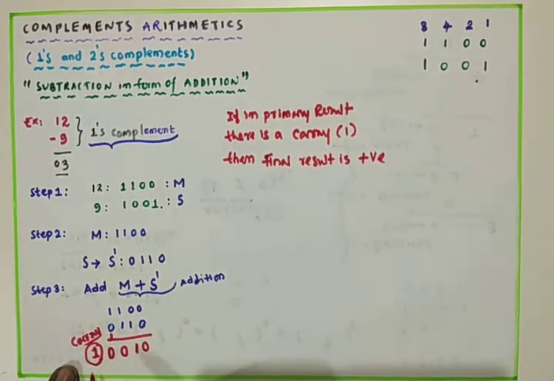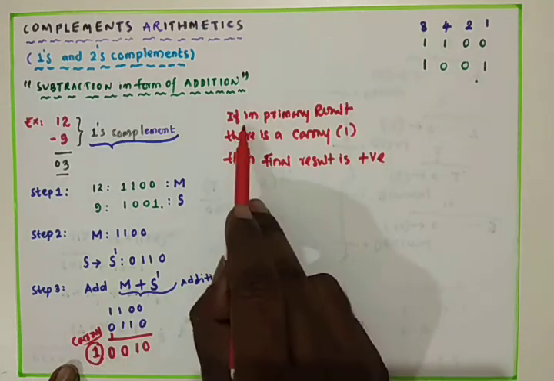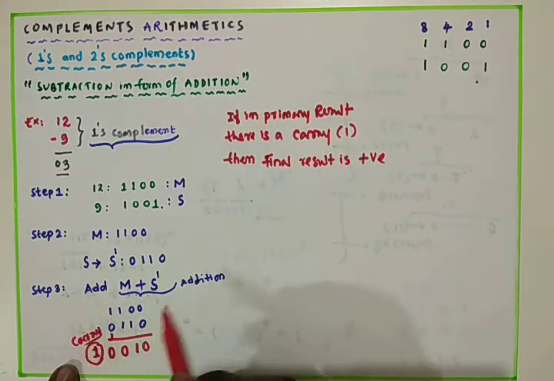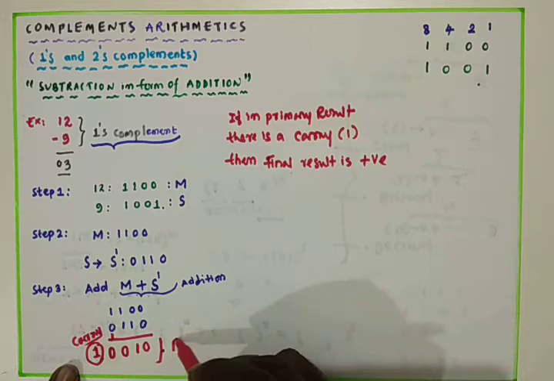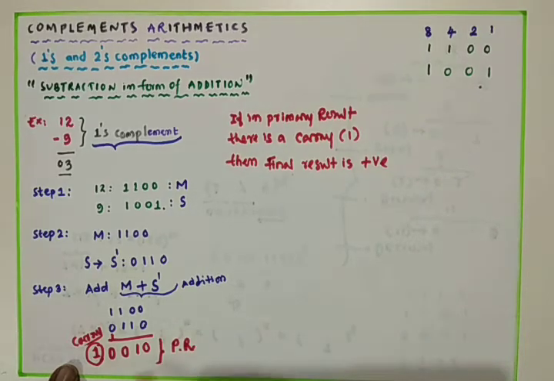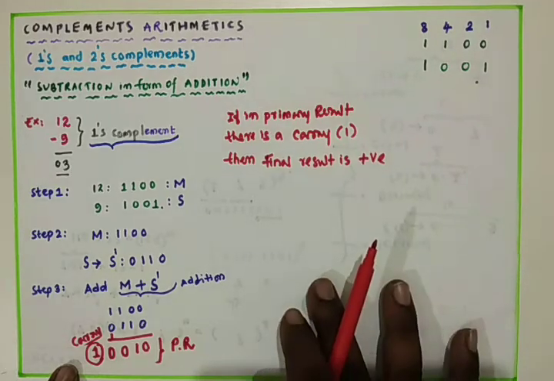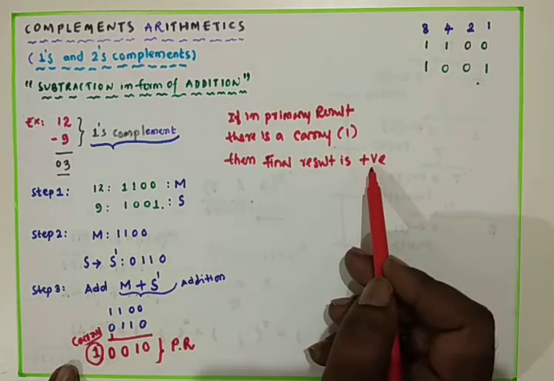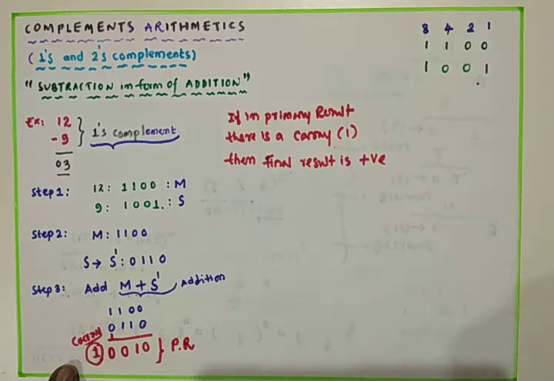We got carry 1. This is called the primary result. If in the primary result there is a carry, then the final result will be the positive one.